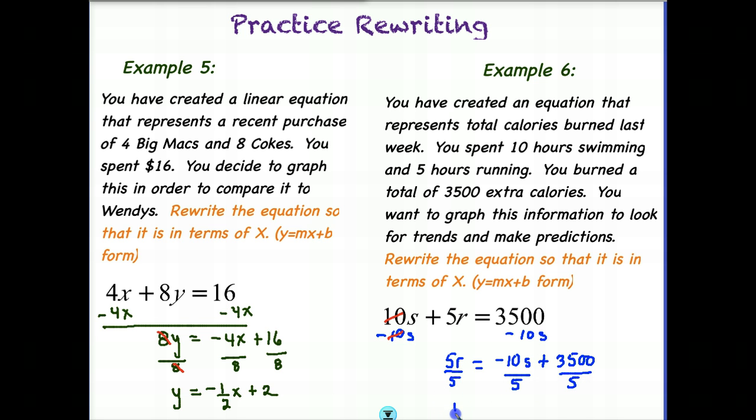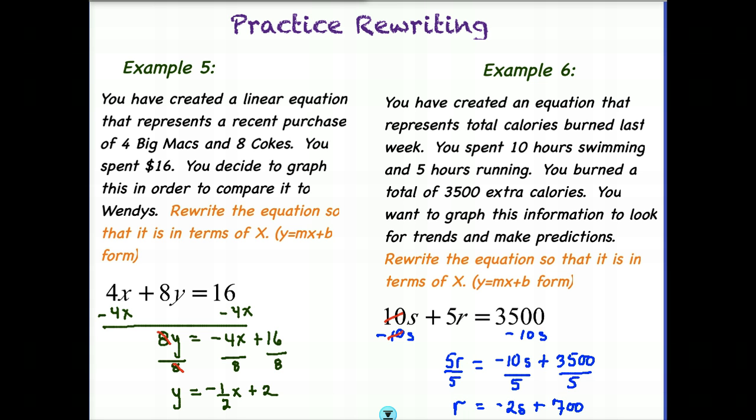On the left side, then, I'm left with r. And on the right side, I have negative 10 divided by 5. That gives us negative 2s plus, and then I can do 3500 divided by 5. Feel free to use a calculator if you need to, but that should get us 700.